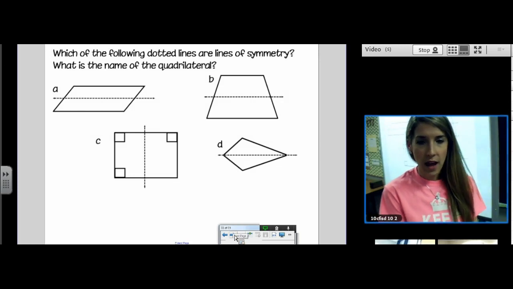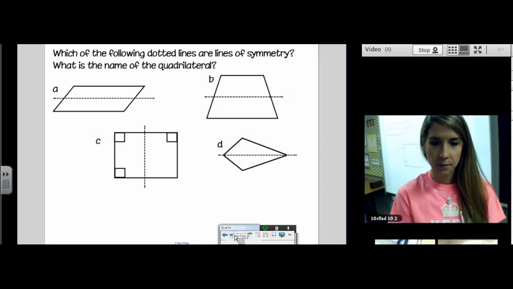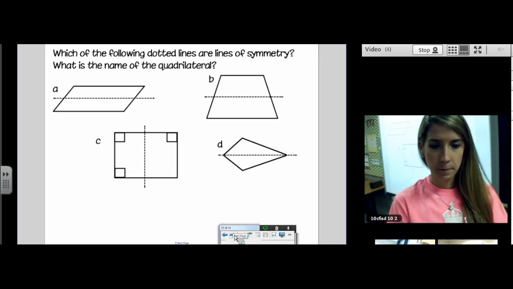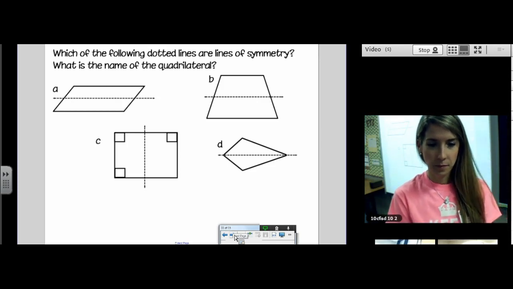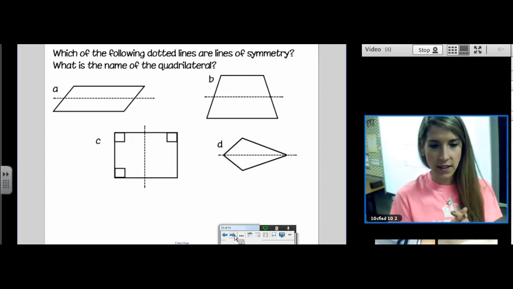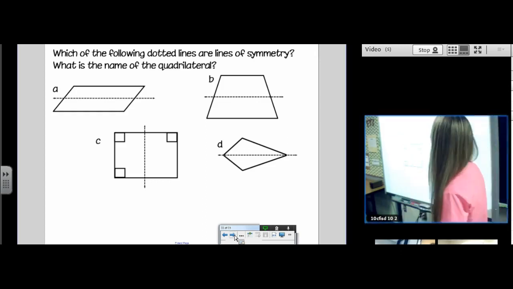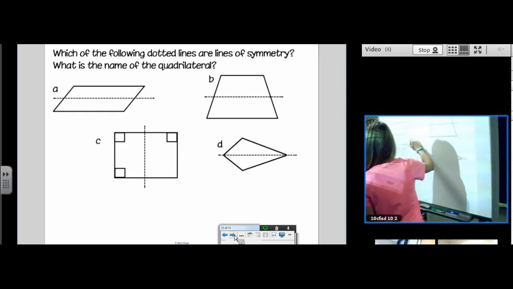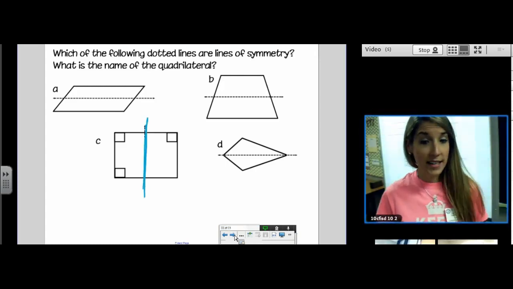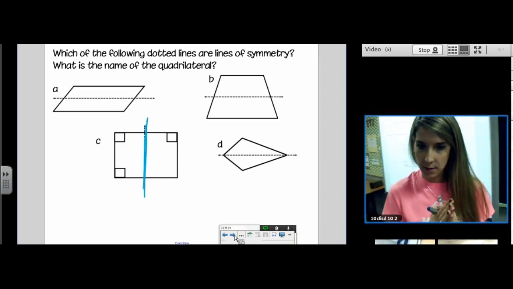Which of the following dotted lines are lines of symmetry? C and D are the only ones that are lines of symmetry. This could be, we don't know it's a square, so this is a rectangle. If I draw a vertical line down the middle of a rectangle, it would be a line of symmetry.